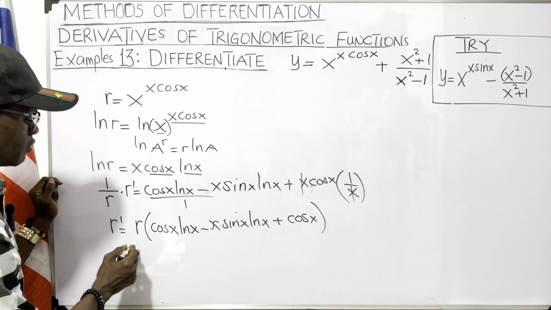The derivative of x squared is just 2x, minus, that's the rule: we must put a minus sign between them. We hold the numerator x squared plus 1, and then differentiate the denominator. The derivative of x squared is just 2x again, all divided by the denominator, x squared minus 1, all squared.